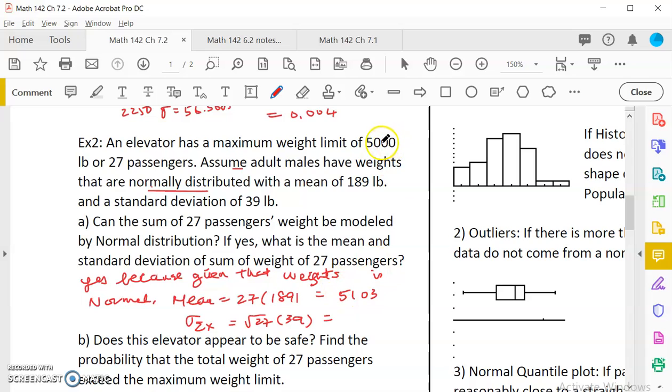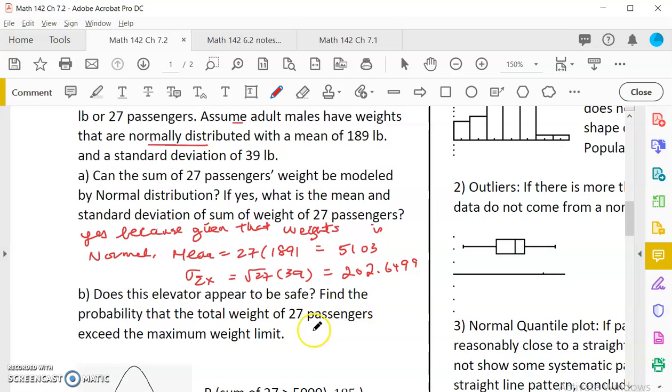Would it be a problem? We have the weight limit of 5,000. And the standard deviation, square root of 27 times 39, is 202.6499. We can round it to 202.65.